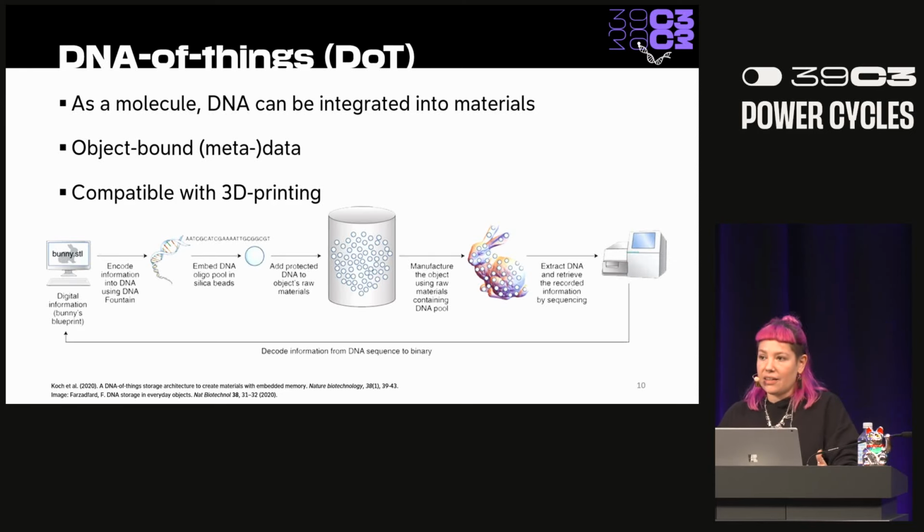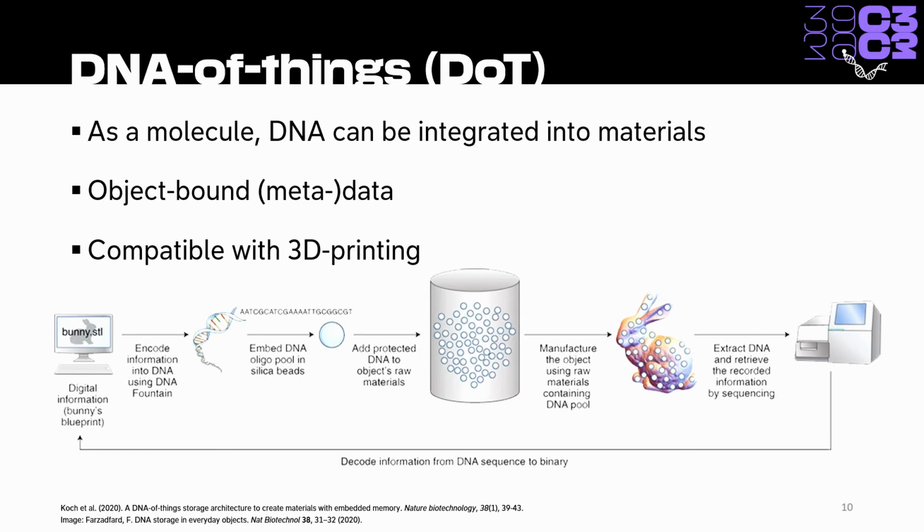And the first time this was scientifically done, to my knowledge, was by a colleague and friend of mine. He actually stored an STL print file into DNA, and then embedded this DNA into the printing filament, manufactured the bunny, and then from a tiny little piece of the bunny's ears, he was able to extract the DNA and print more bunnies from this.